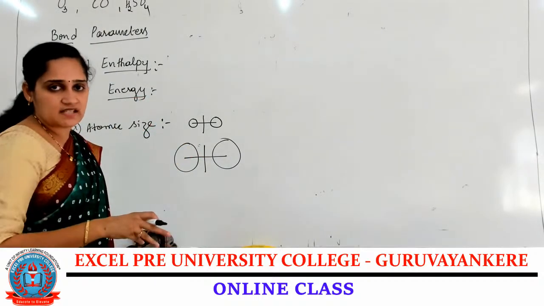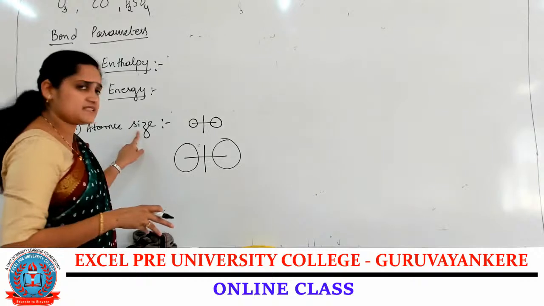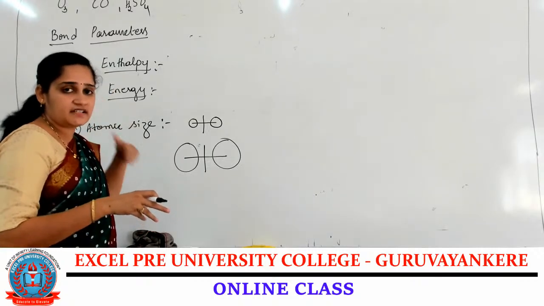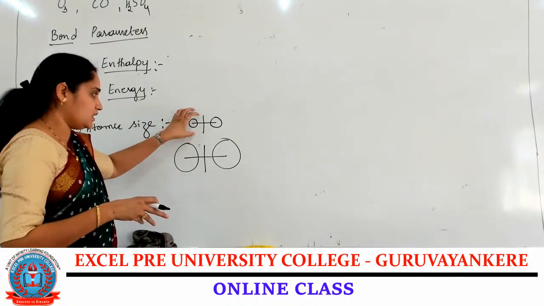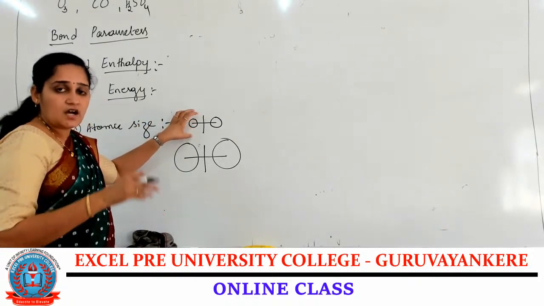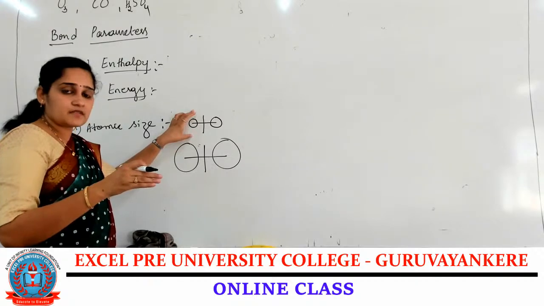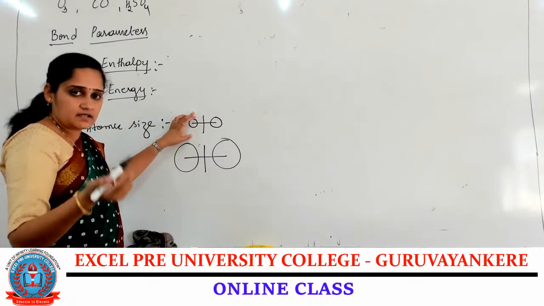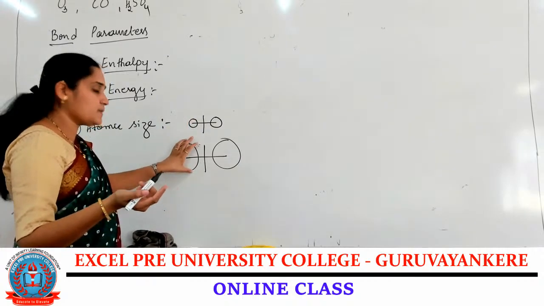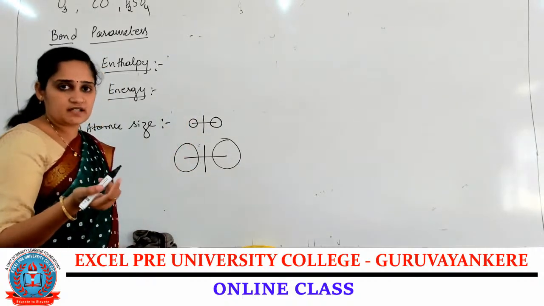When the atomic size increases, bond energy decreases. When the atomic size is smaller, bond energy is more. Smaller the atomic size, higher the bond energy. Larger the atomic size, smaller the bond energy.